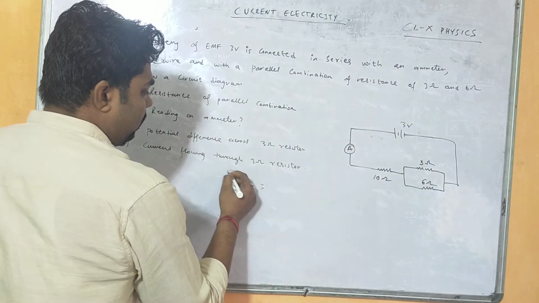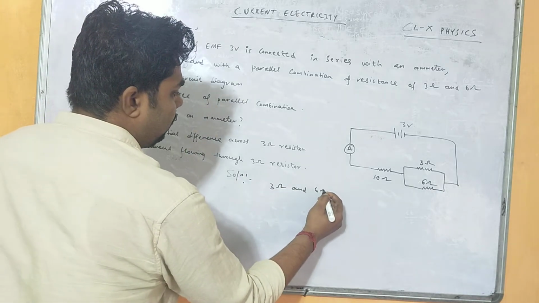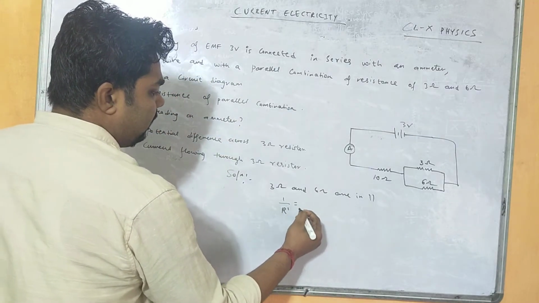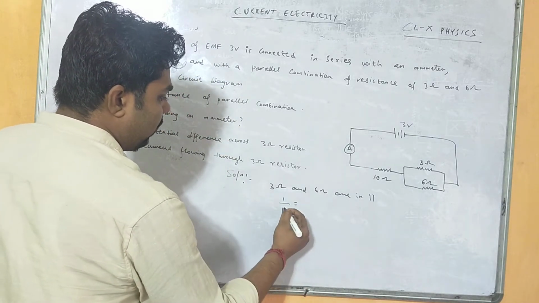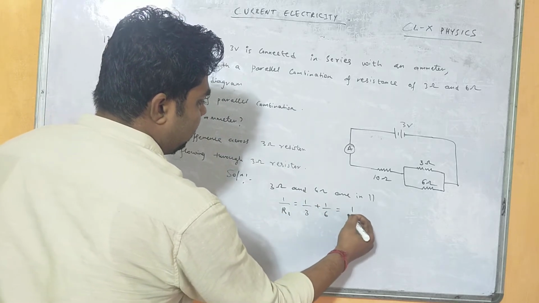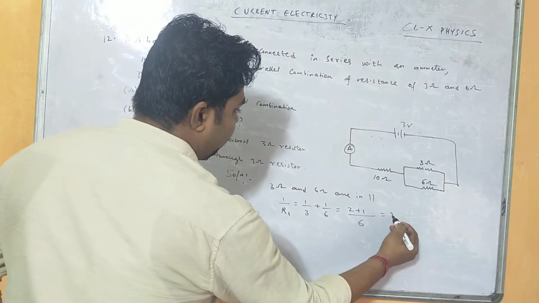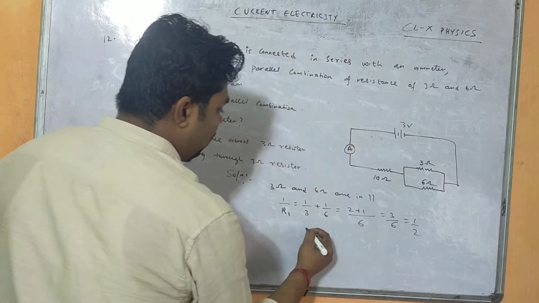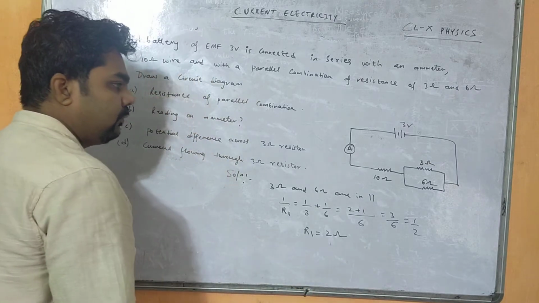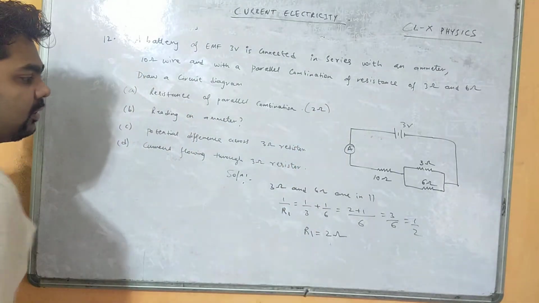So solution here, 3 ohm and 6 ohm are in parallel, so 1 by R dash, or you can consider this one as R1. 1 by R1 equals 1 by 3 plus 1 by 6, that is LCM will get here 6, that is 2 plus 1, that is 3 by 6 or half, or we can say R1 equals 2 ohm, right? So first answer, resistance of the parallel combination, answer is 2 ohm, we got the answer, right?